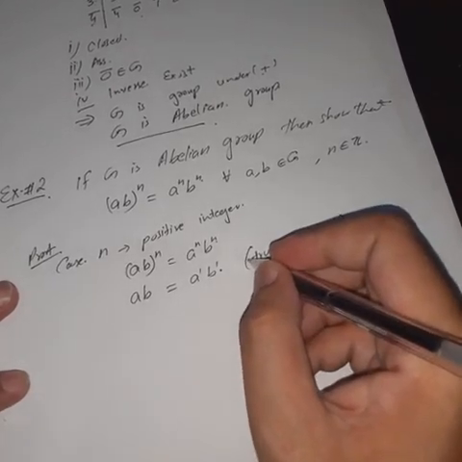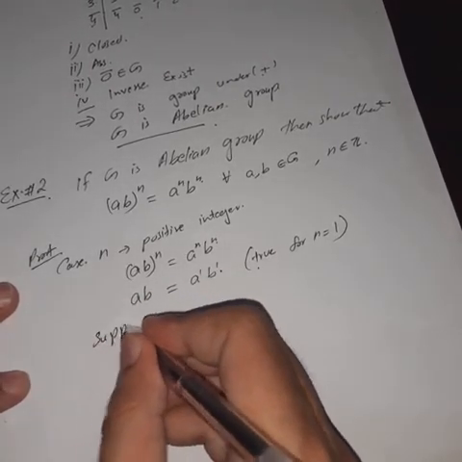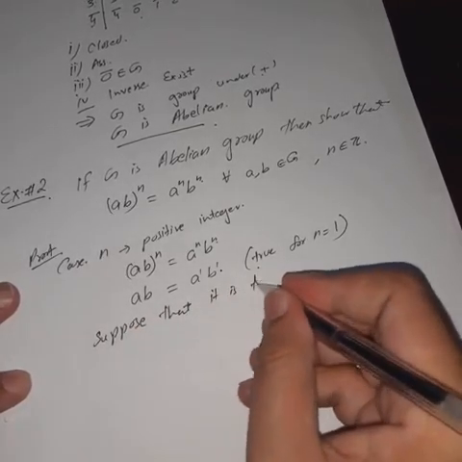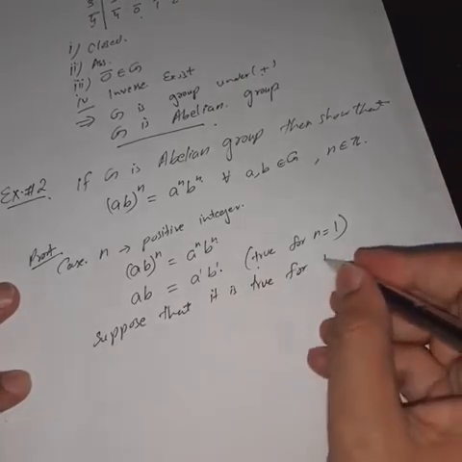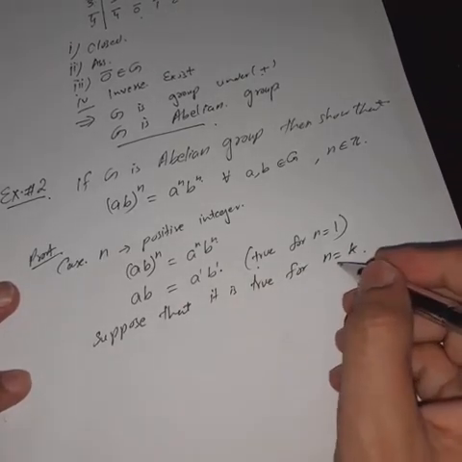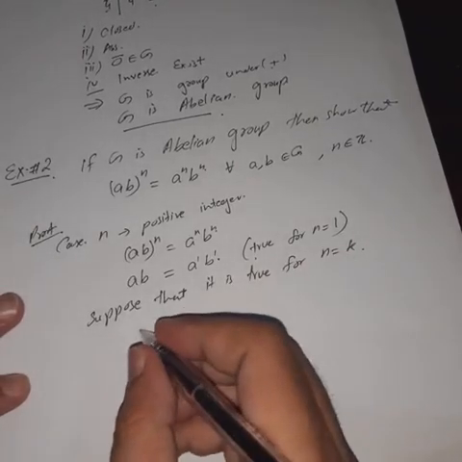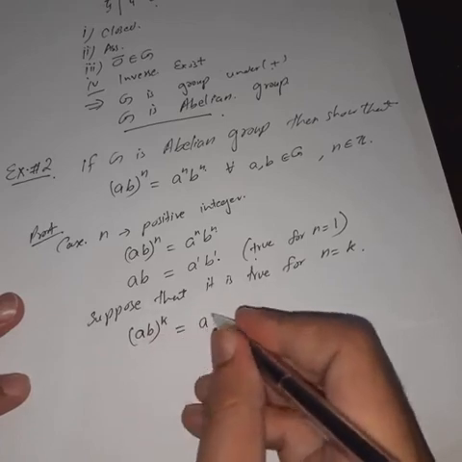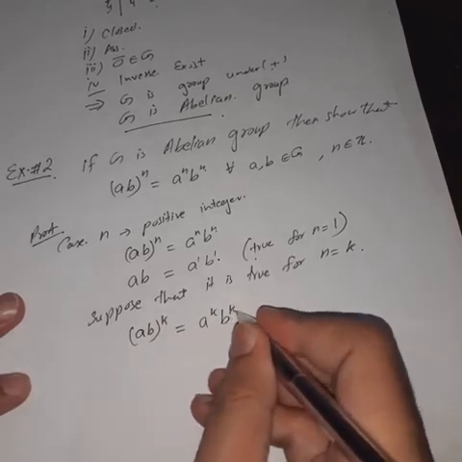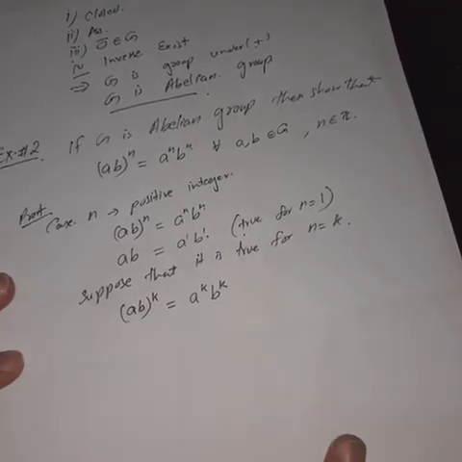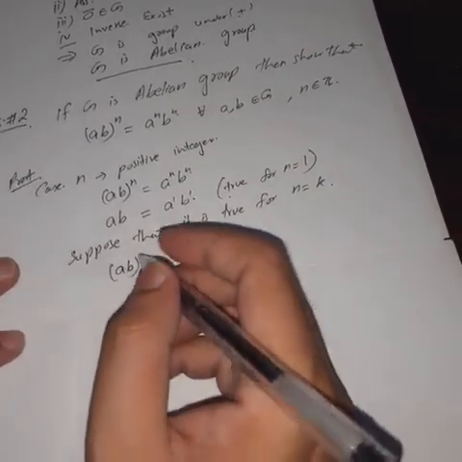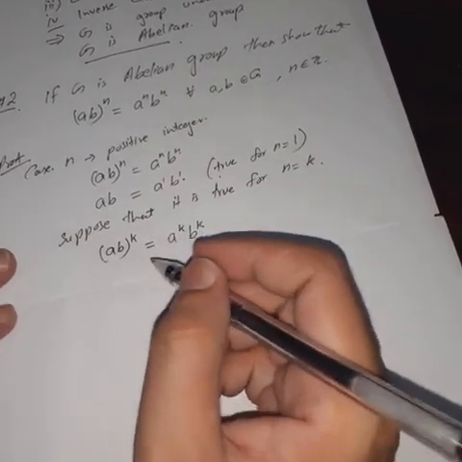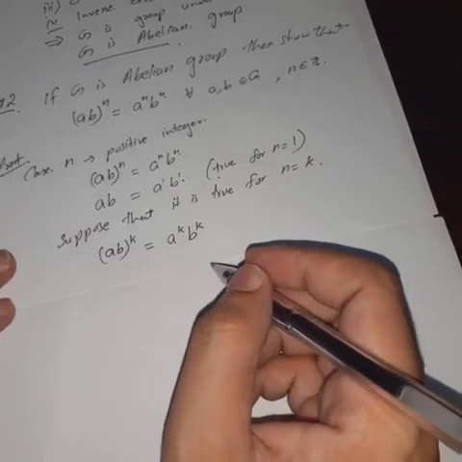Now suppose that the theorem is true for n equal to k, then (ab) power k is equal to a power k and b power k. We will prove this for n equal to k plus 1 by induction.